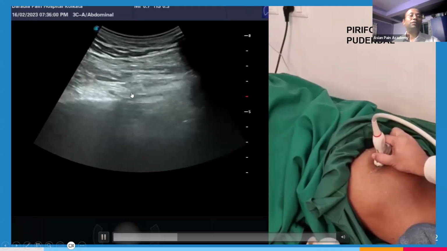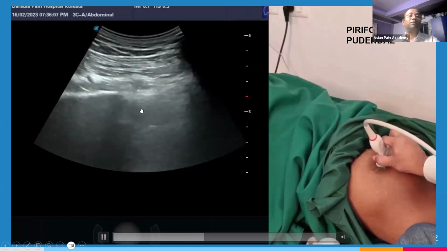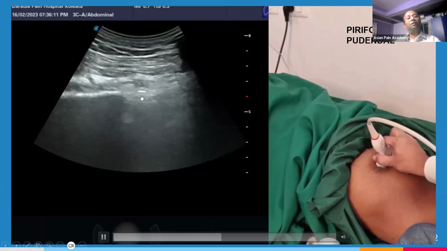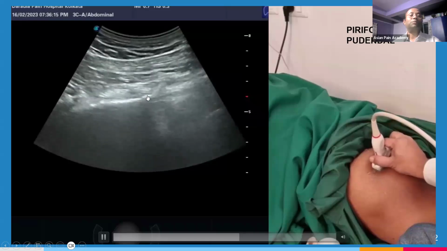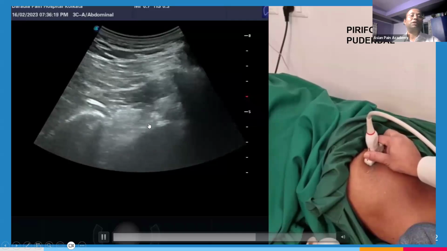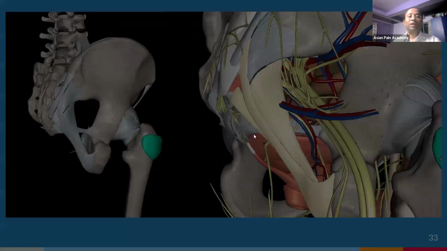So see, in this view, this one is the pulsatile. Yes. So you can see this part is bone and this is artery. This is artery and here the nerve was there. So now we are going to the fourth position.